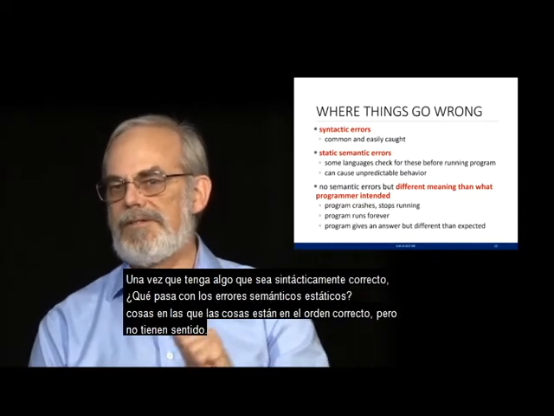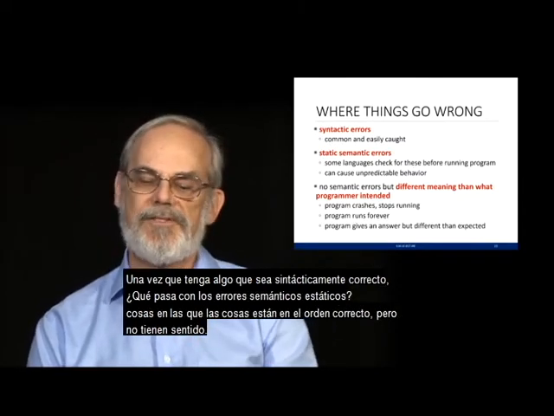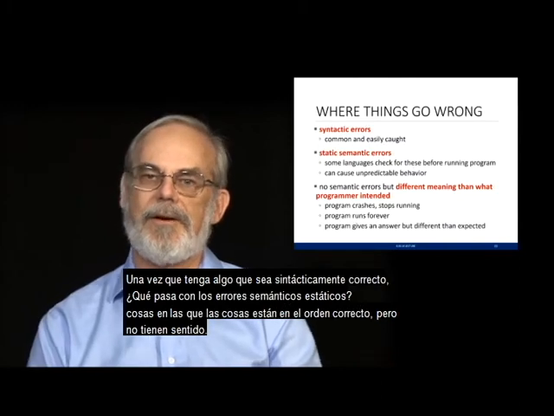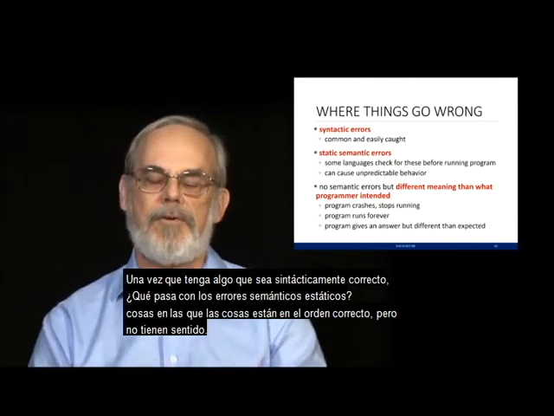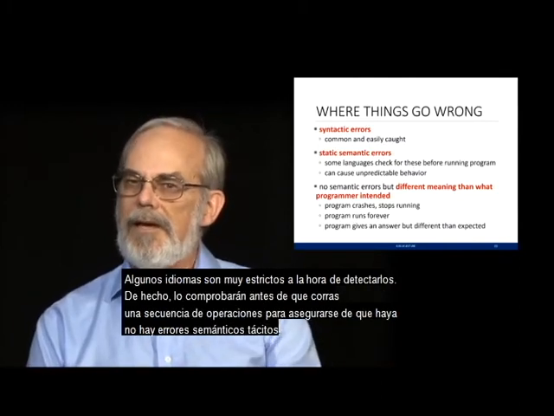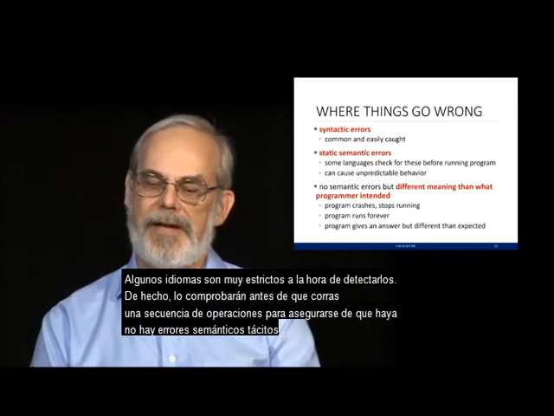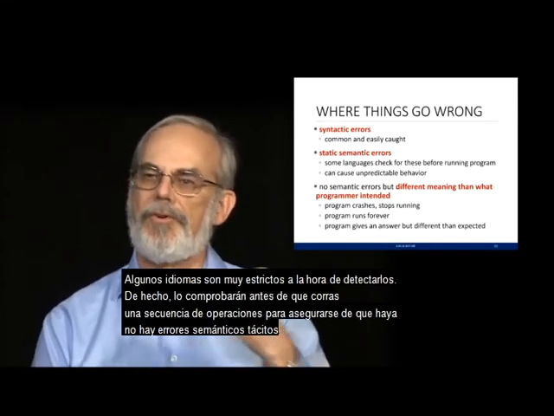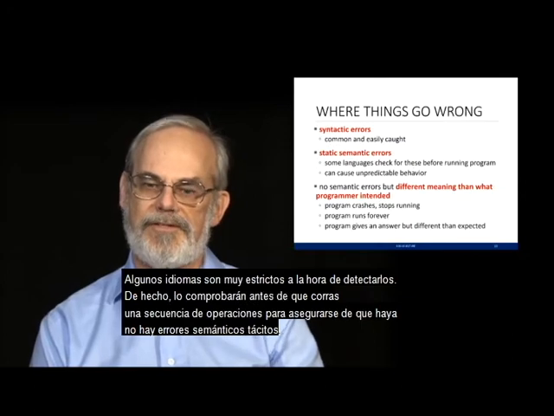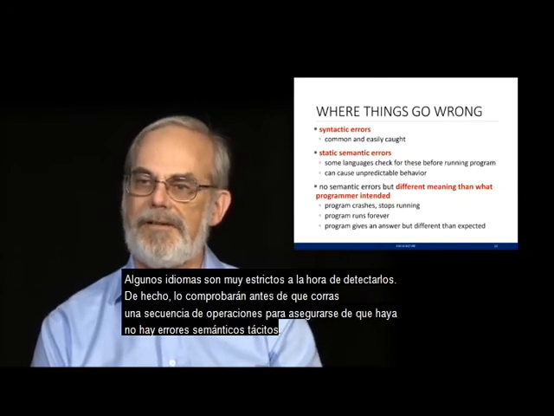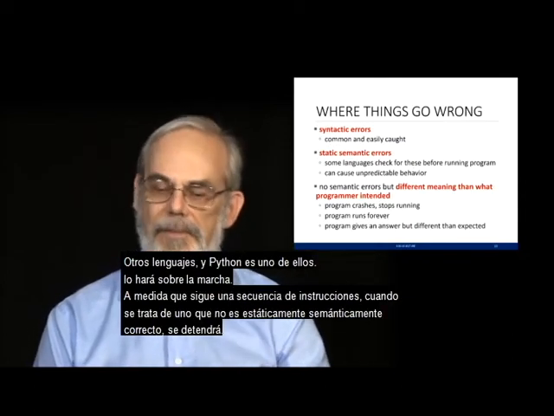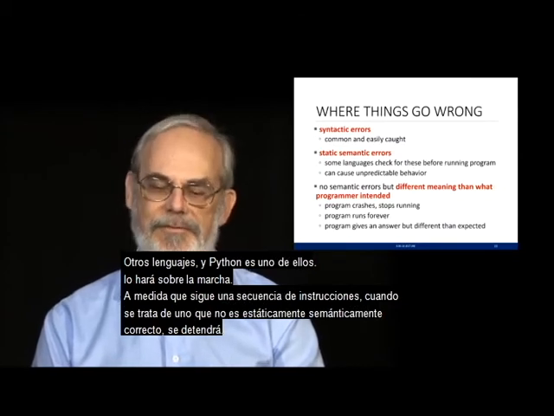Once you've got something that's syntactically correct, what about static semantic errors? Things where things are in the right order, but they don't make sense. Some languages are very strict about catching these. They'll actually check before you ever run a sequence of operations to make sure there are no static semantic errors. Other languages, and Python is one of them, will do it on the fly.